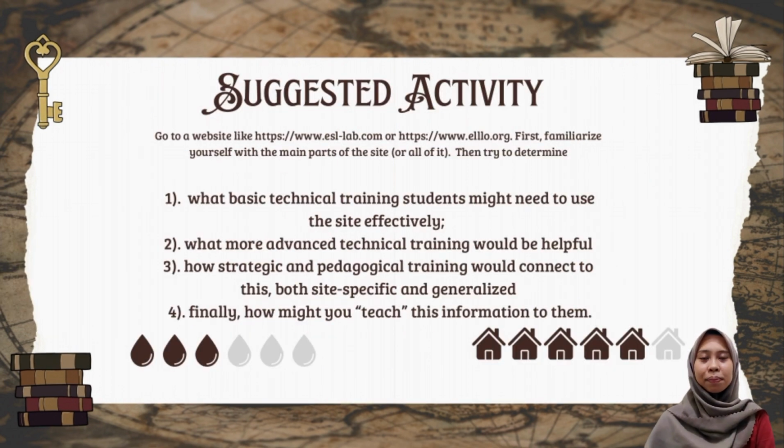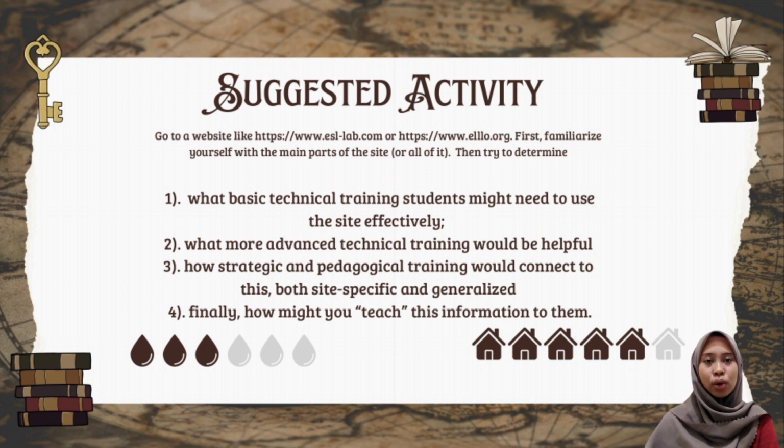Suggested activity. Go to a website like the one in the picture and first familiarize yourself with the main parts of the site or all of it. Then try to determine, number one, what basic technical training students might need to use the site effectively.